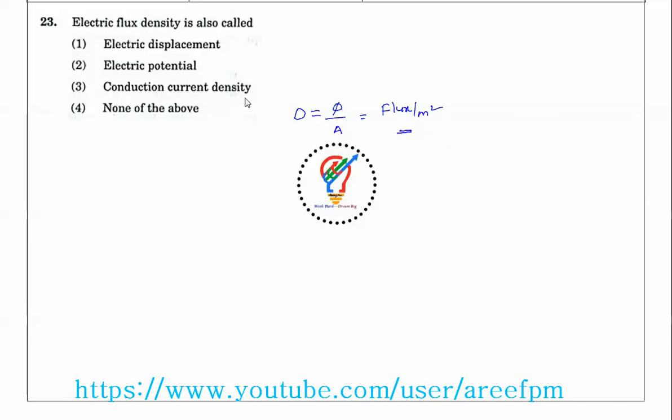Similarly electrical displacement also has the same units as that of electric flux density, so both are the same. So the electric flux density is also known as electrical displacement. Electrical potential means it's a voltage. Conduction current density means amperes per meter square, and none of the above. So the answer here is electrical displacement.